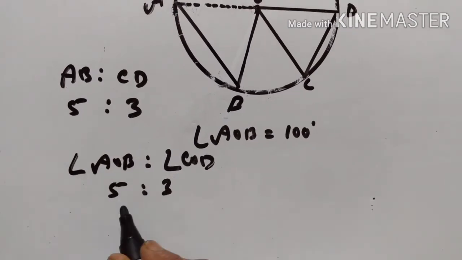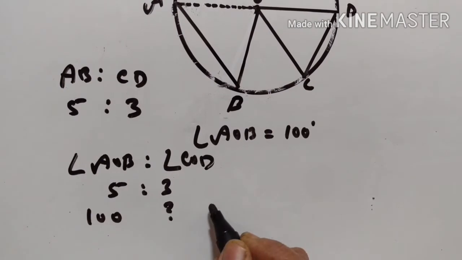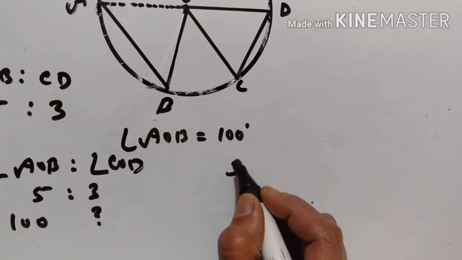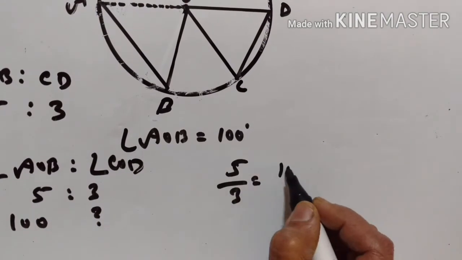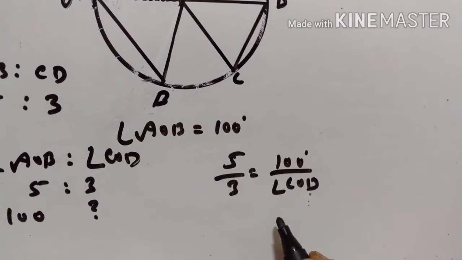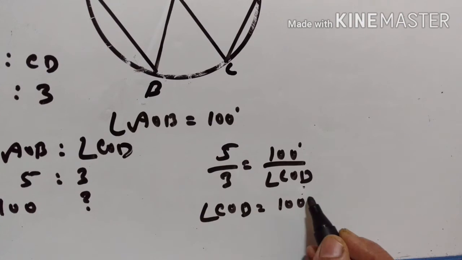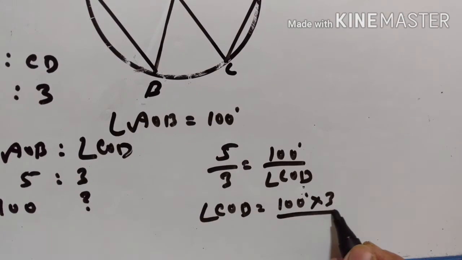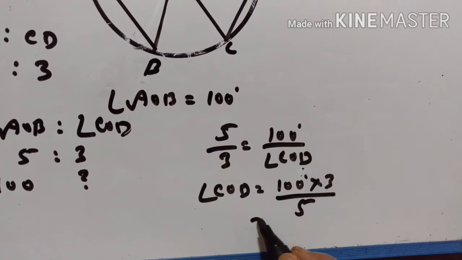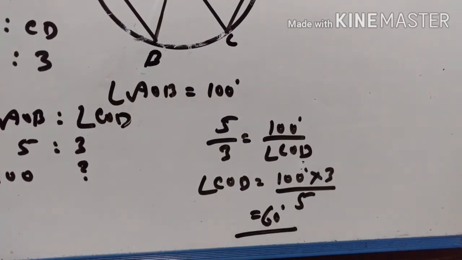If angle AOB is equal to 100, what is COD? 5 upon 3 is equal to 100 degrees upon angle COD. Therefore, angle COD is equal to 100 degrees into 3 divided by 5. 5 twenties are 100, so 20 into 3 is equal to 60 degrees. Angle COD is equal to 60 degrees.